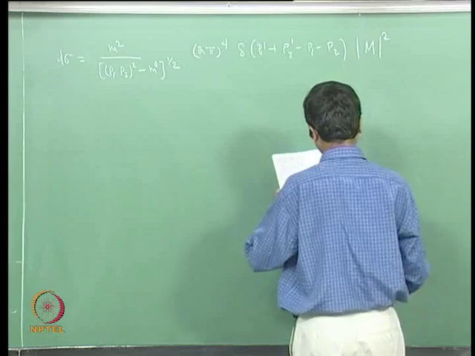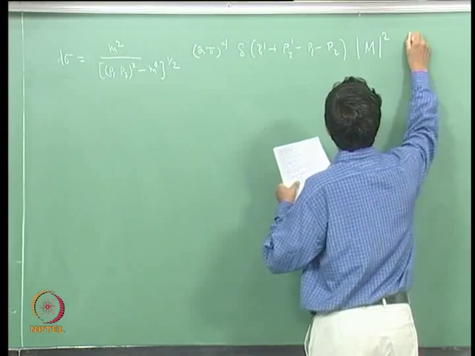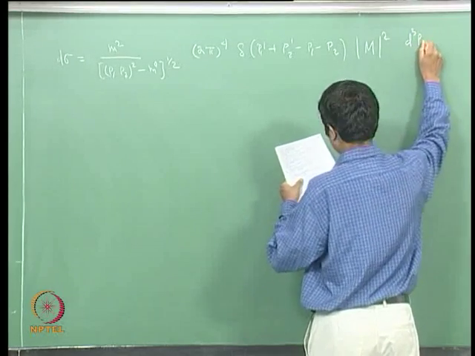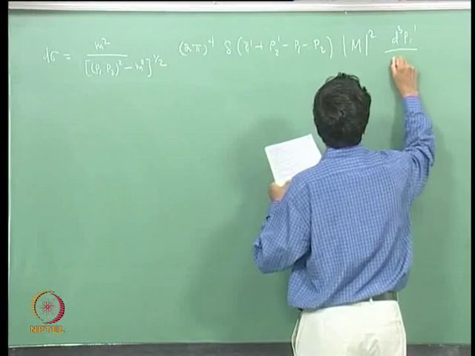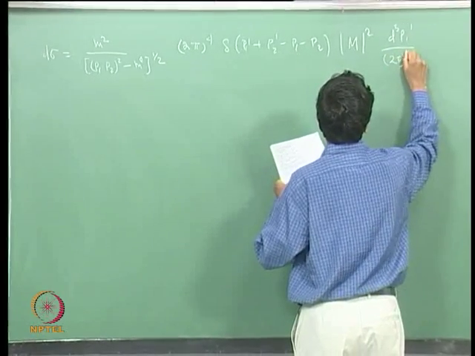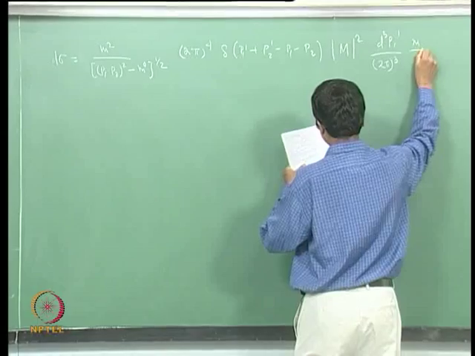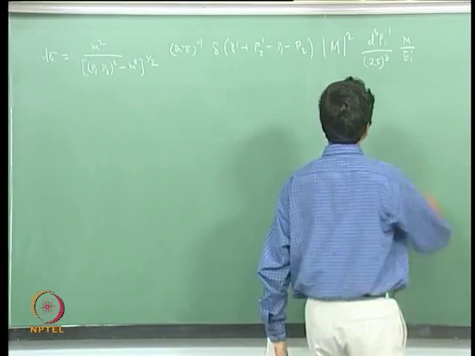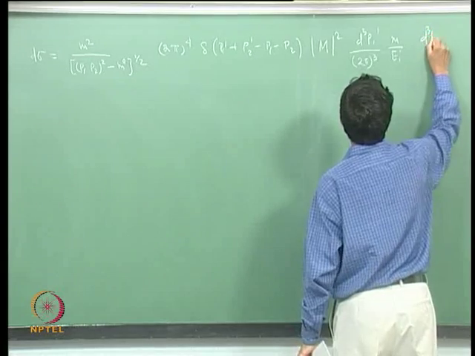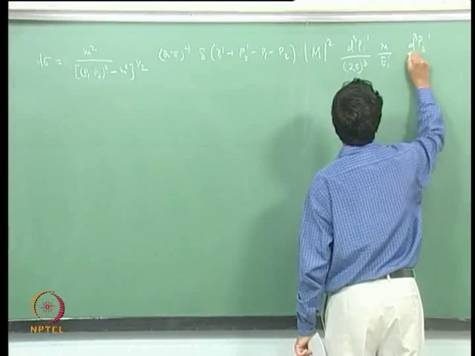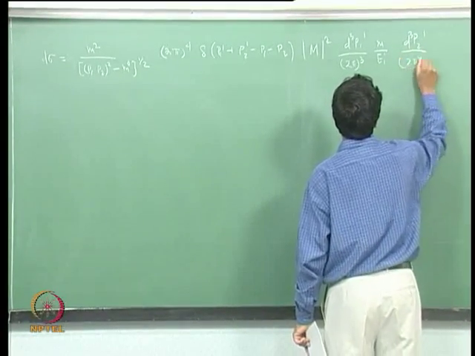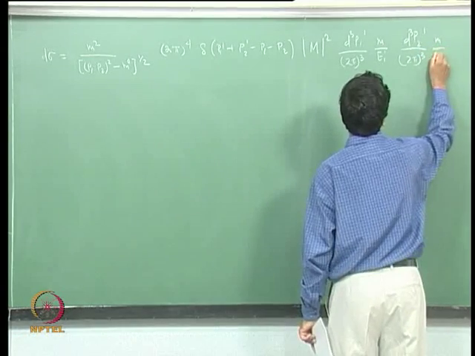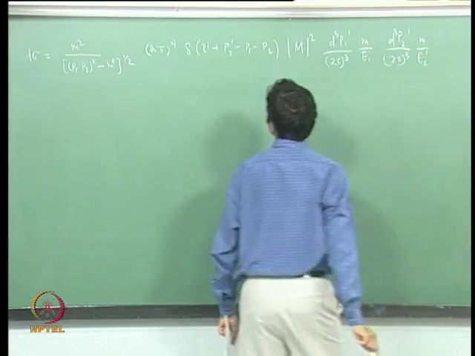then I will have d³p1' over (2π)³ m over E1', then d³p2' over (2π)³ m over E2'.